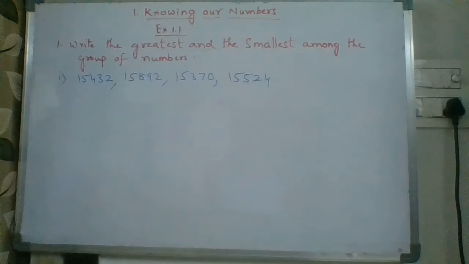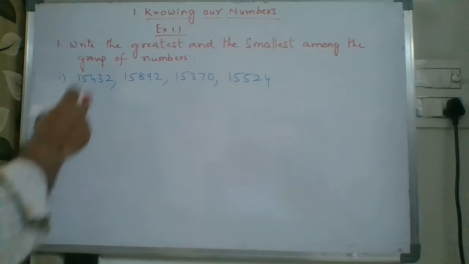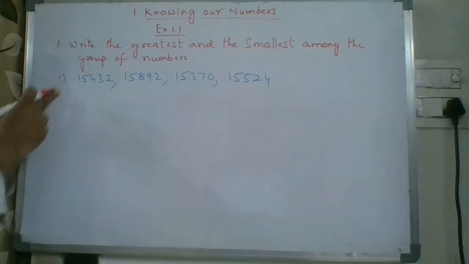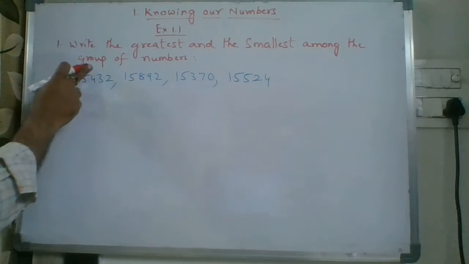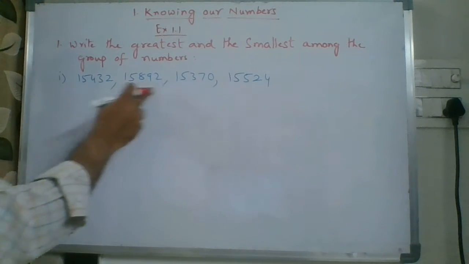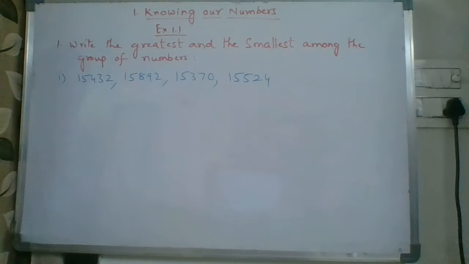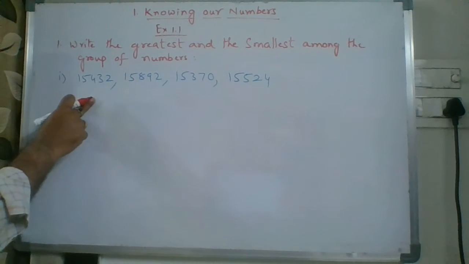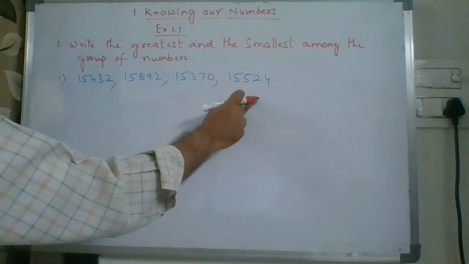Okay. Now the first question of exercise 1.1 is to write the greatest and the smallest among the group of numbers. There are 4 numbers given, and among them we have to find the greatest and the smallest one. Similarly, as we had done earlier, we compare the number of digits in each number.